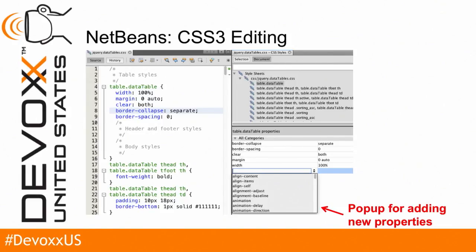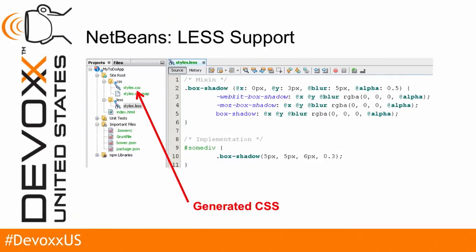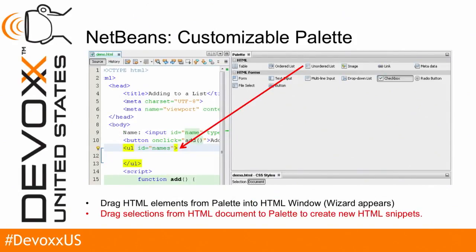So you can start with a blank site, go into the CSS file, and immediately begin editing, and the page will refresh without you even having to hit refresh on it. It's got support for Less and also Sass, and so you can see where the generated files are placed. So it takes care of that for you if you're working on a project with either of those two technologies.